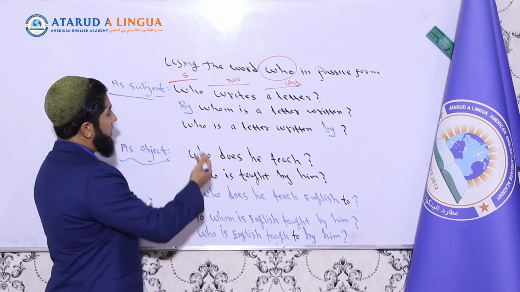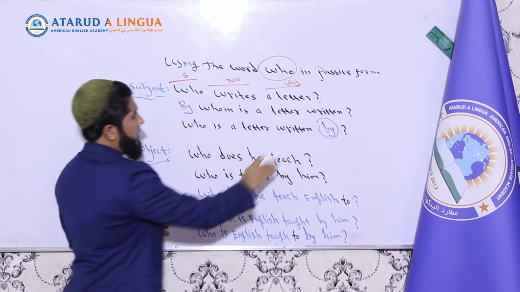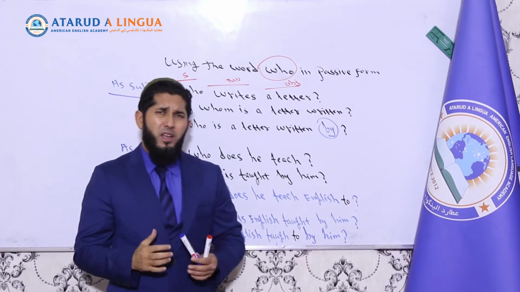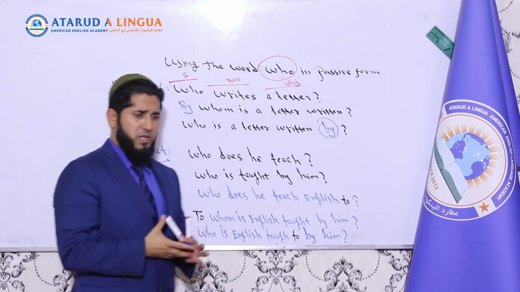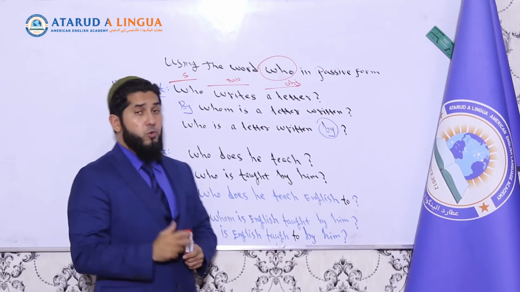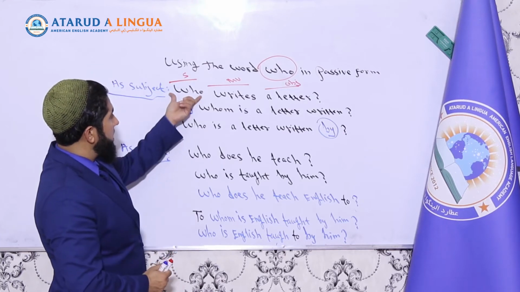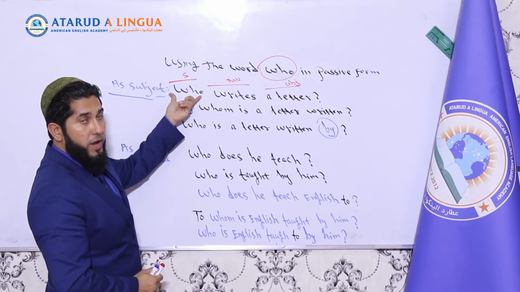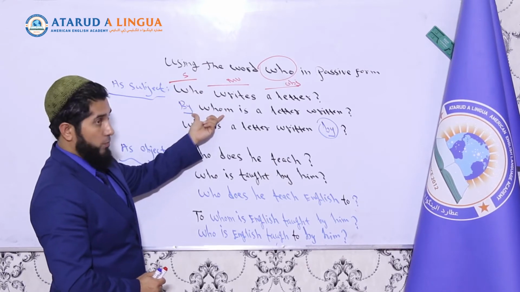It's more formal. But if you use the preposition by at the end of your sentence, it will be not very formal. It's just used in spoken English commonly, just normal English. Who is a letter written by? Okay, so now who was the subject of our active sentence here, and it became the object of our passive sentence, okay, by whom?